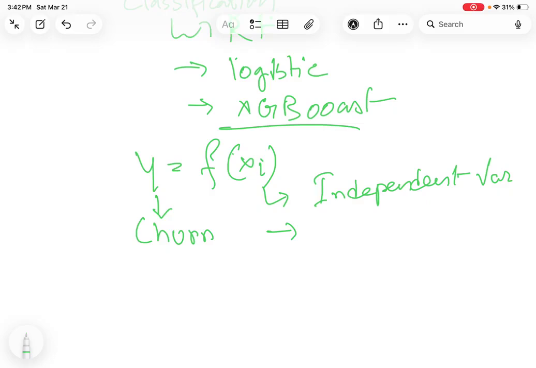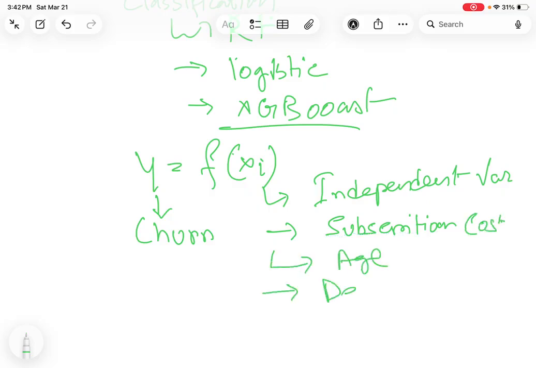So if it is like a telecom, it could be the subscription cost, then age, demographic, and then the time spent.